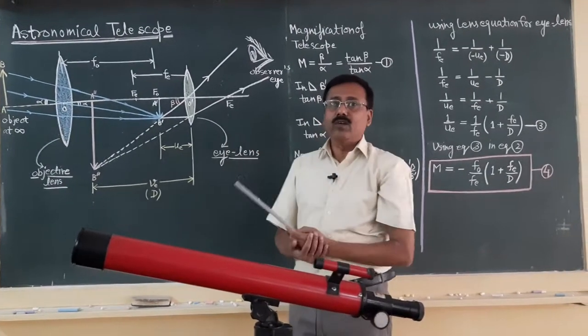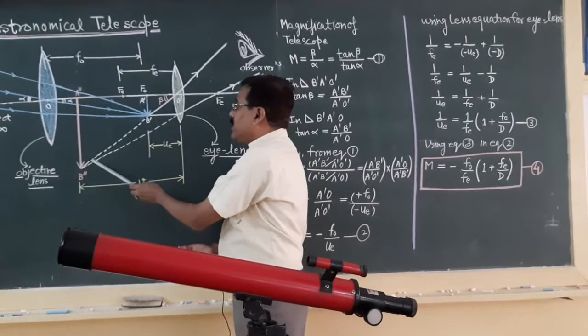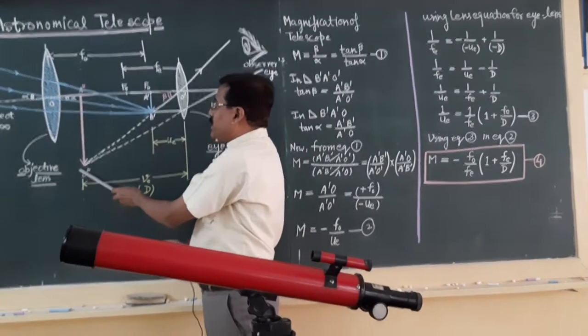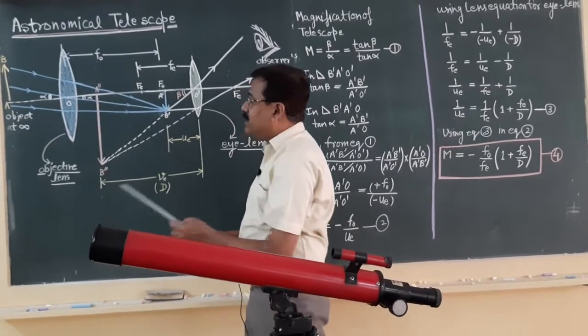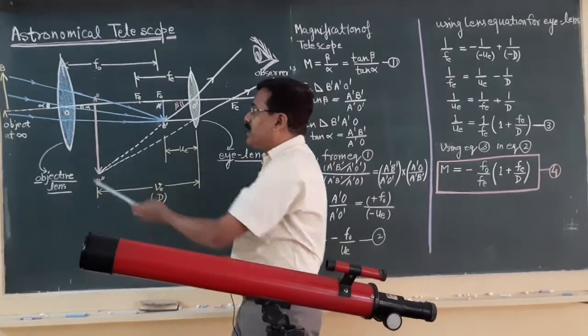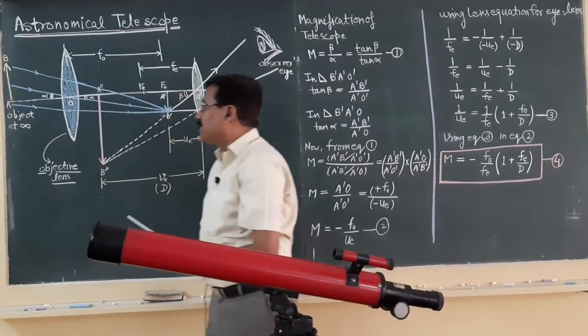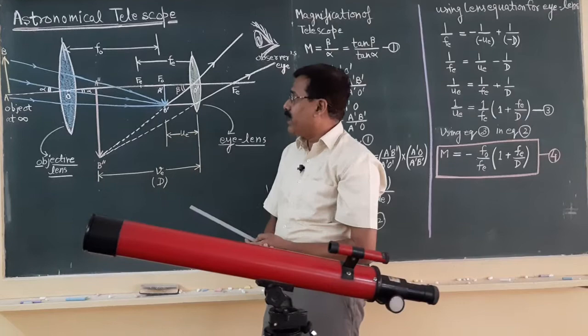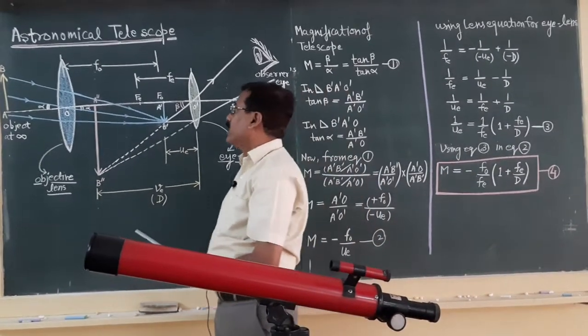So a real image is not possible. When we extend them in the backward direction, they intersect each other at B''. So A''B'' is the final image of this distant object. What is the characteristic of this image? It is highly magnified, virtual and inverted.